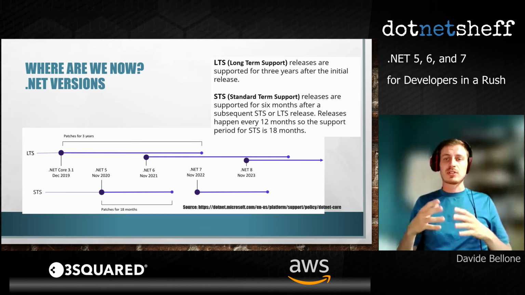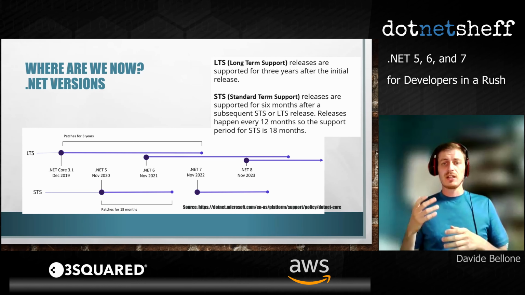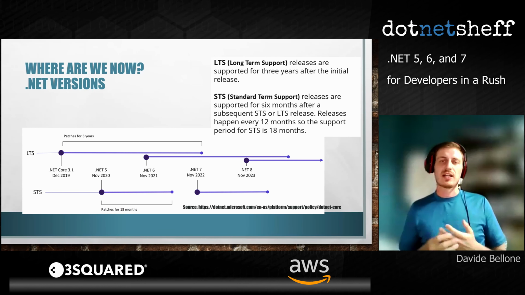So it's about 1 year. Right now, we are, of course, in .NET 7, released in late November 2022, which is, again, a standard term support version. And they will release a new LTS version late this year, so in November.